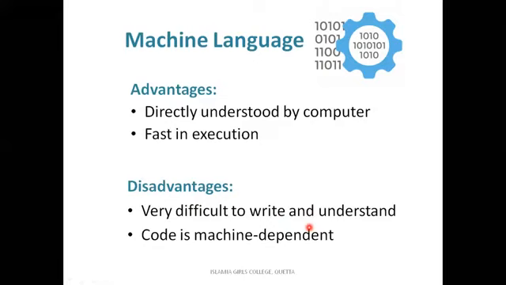And if there are problems, finding the errors in the code is also very difficult. Second is that the code is machine dependent, as I have explained, that if you want to write the code for different devices, then you will have to write the code again separately for such devices. So the same code cannot be run on every computer and device.